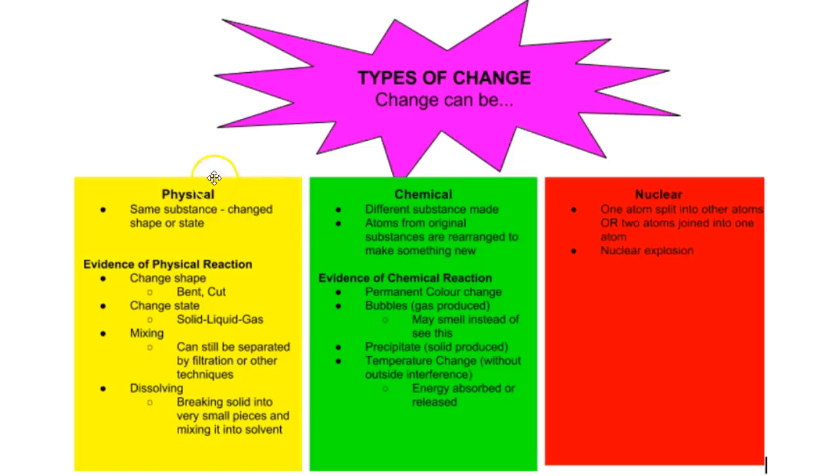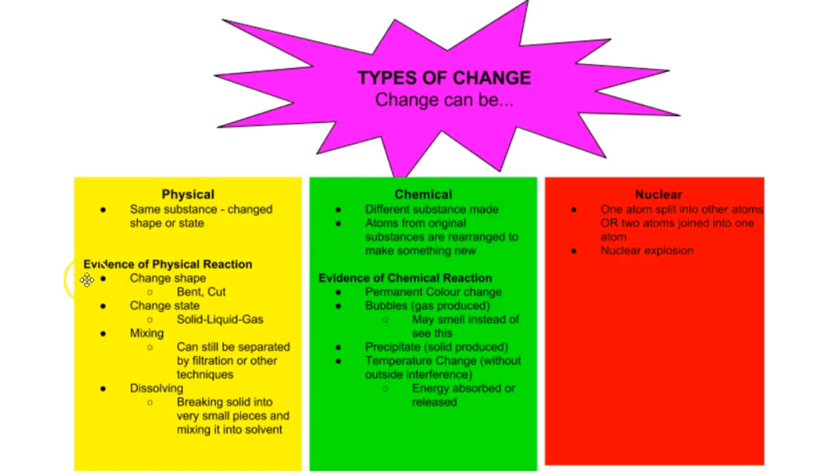The difference with physical change and chemical change is that when you have a chemical change, you make something new from the old substance or substances. So you take the substances that you have and you rearrange them to make something new at the atomic level. And that's what we're just going to quickly review right now.